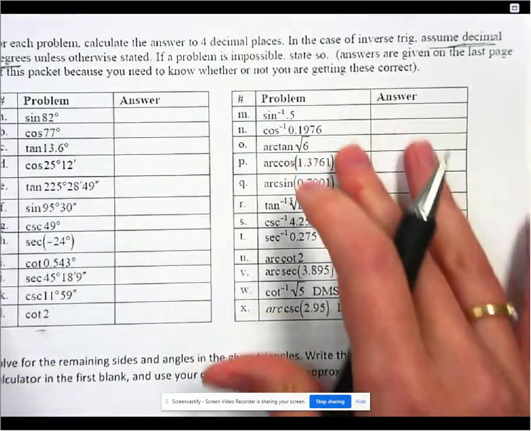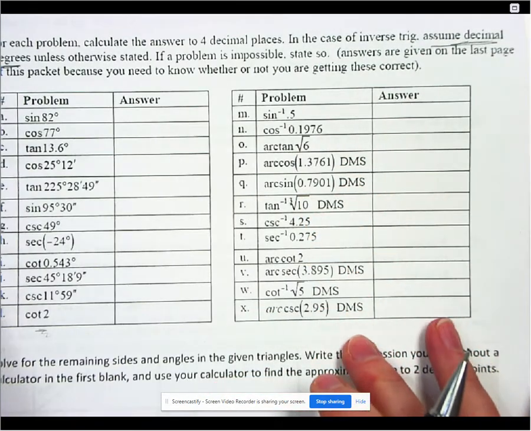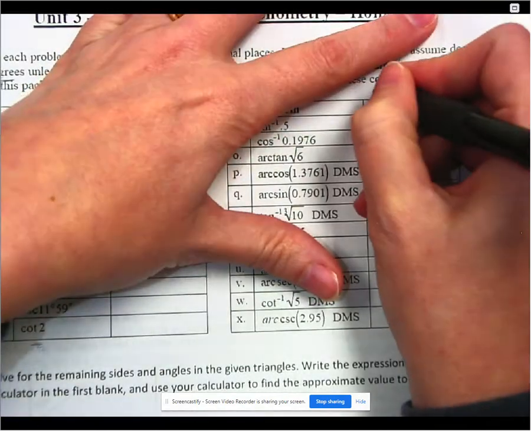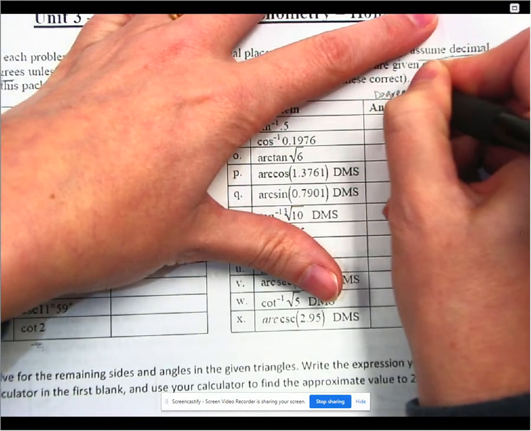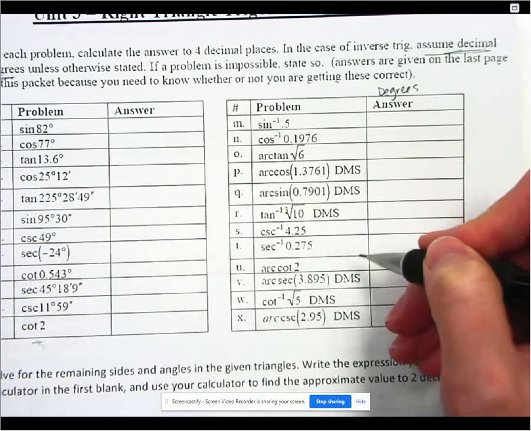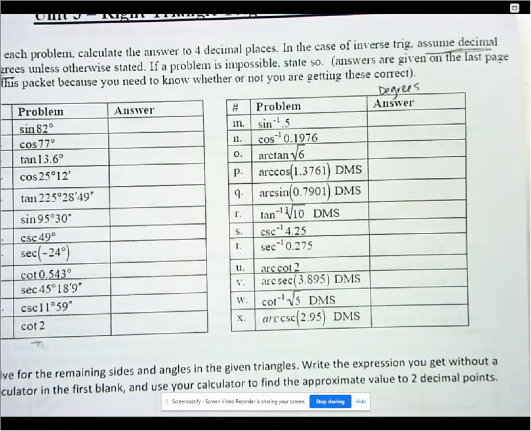So these answers are all going to be in degrees unless it tells you otherwise, and it doesn't. These are all degrees. Some of these, they want degrees, minutes, seconds. We'll have this DMS. So that's what that means. So good luck. Practice, practice, practice with the calculator. You're going to need it to do the rest of this packet.